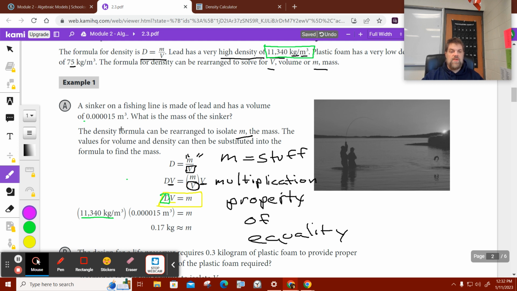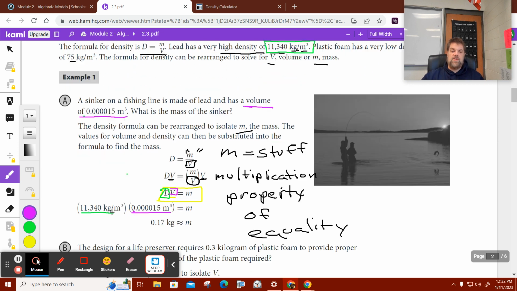We were told the volume, this is the volume, right? So then we plug that in for V, and that's that. When we plug it in the calculator and round it, it's 0.17 kilograms, and that's a mass. Does that make sense?